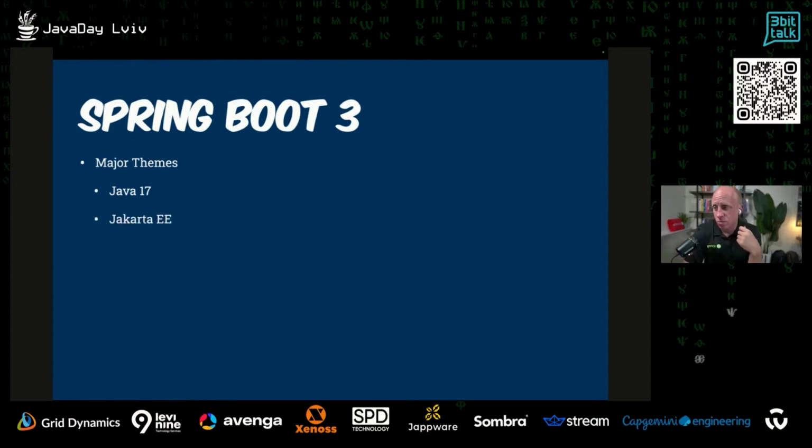Another one was the move to Jakarta EE. So anywhere that we were using the javax namespace, one of the moves was, hey, we have to change that namespace. So if we're using the Servlet API, we have to use that new namespace.